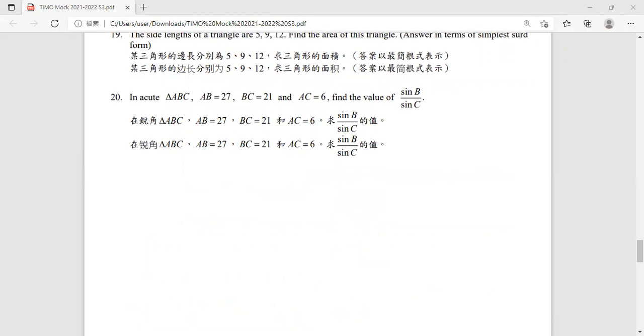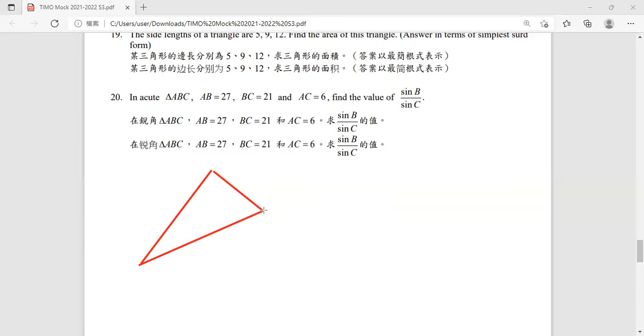Now question 20. A triangle ABC, AB is 27, and we want sine B and sine C. Actually, this one is also straightforward, nothing special. But if you are smart enough, you will find this question is a little bit absurd, because you will find that AC plus BC is equal to AB.